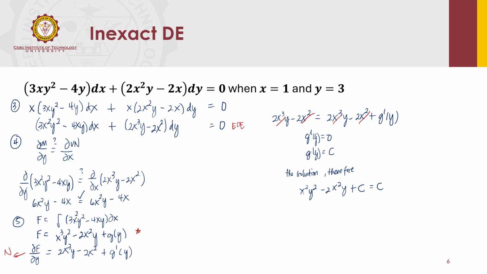So therefore, we have x cubed y squared minus 2x squared y equals c. And using the conditions here, x equals 1 and y equals 3, we solve for c.